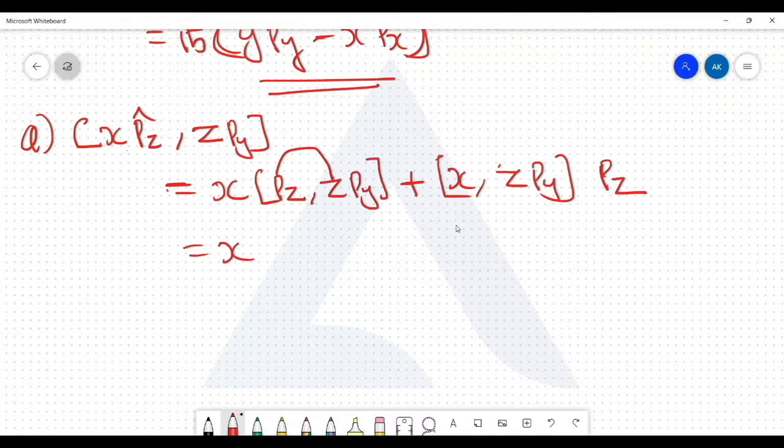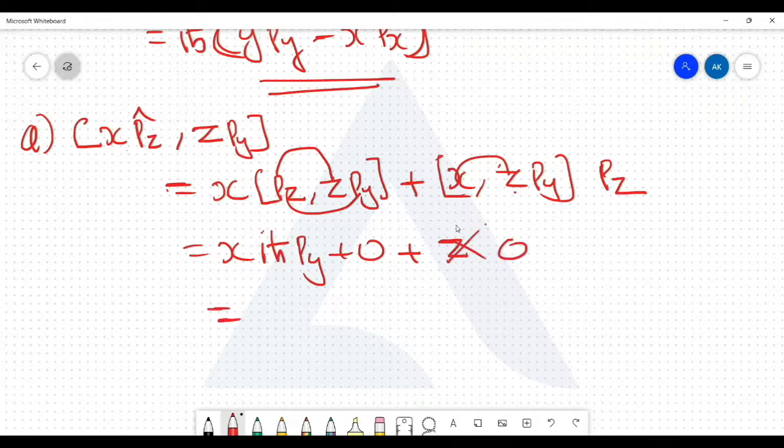Therefore x iħ z, pz will be iħ py and pz py will be 0, plus here also you have xz will be 0, and you have remaining z into, because it is a first term, x py, that is also 0. So the second term will be 0. So the answer is simply minus iħ. Pz z is minus iħ. x py. This will be the answer. You should follow this. Okay.